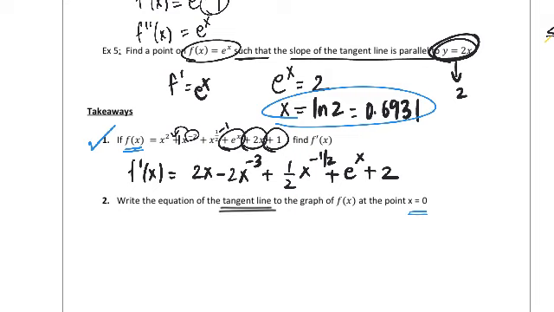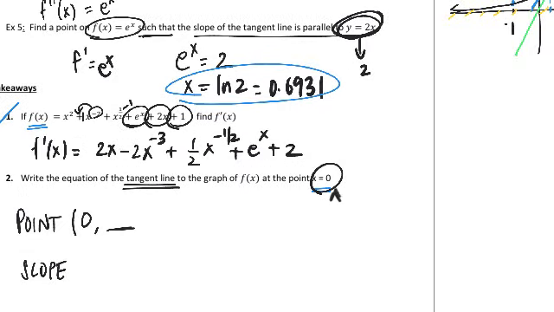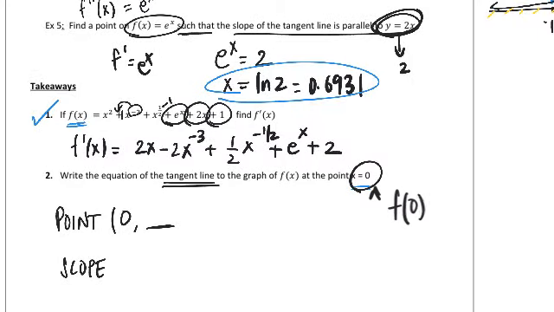Tangent line equation, well, I'm at the point x equals 0, so the point, I need a slope. The point is 0, and then to get the y value, we're putting this 0 into f of x, into the function, right? Not into f prime. So let me erase my work here so you can see the function again. Okay, so I'd get 0 squared plus 0 to the negative 2.